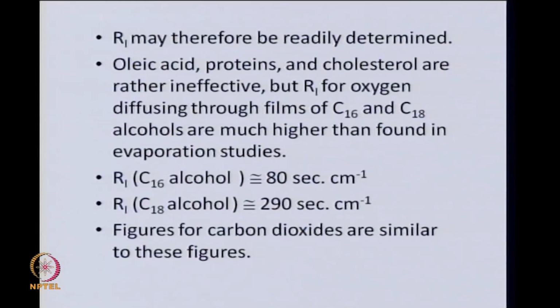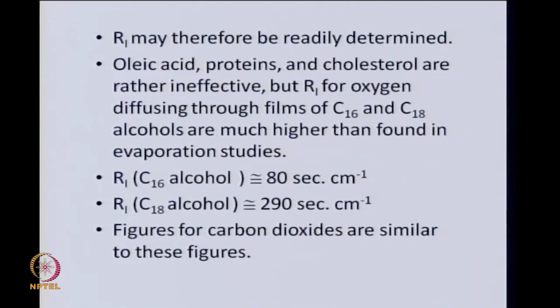It turns out that for such transfer, oleic acid, proteins and cholesterol are ineffective. But if you look at oxygen diffusing through films of C16 and C18 alcohols, then we get the resistances as 80 seconds per centimeter and 290 seconds per centimeter.